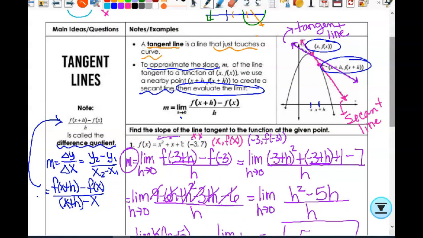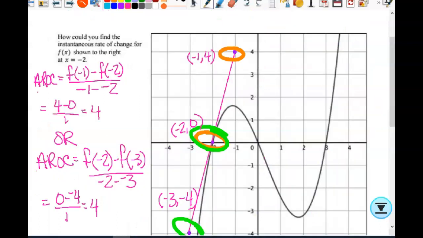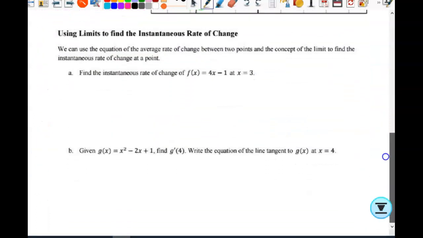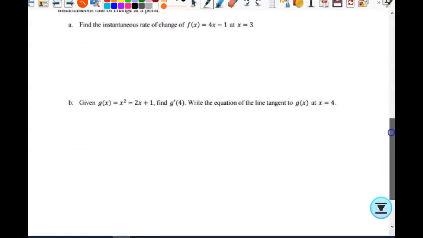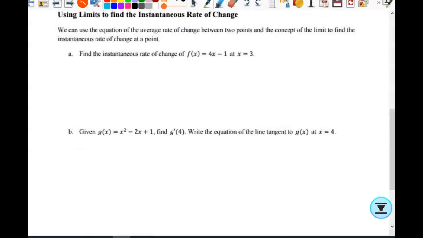So we can use the equation of the average rate of change between 2 points and the concept of the limit to find the instantaneous rate of change at that point, okay? So we're going to find the instantaneous rate of change of this function at x equals 3.